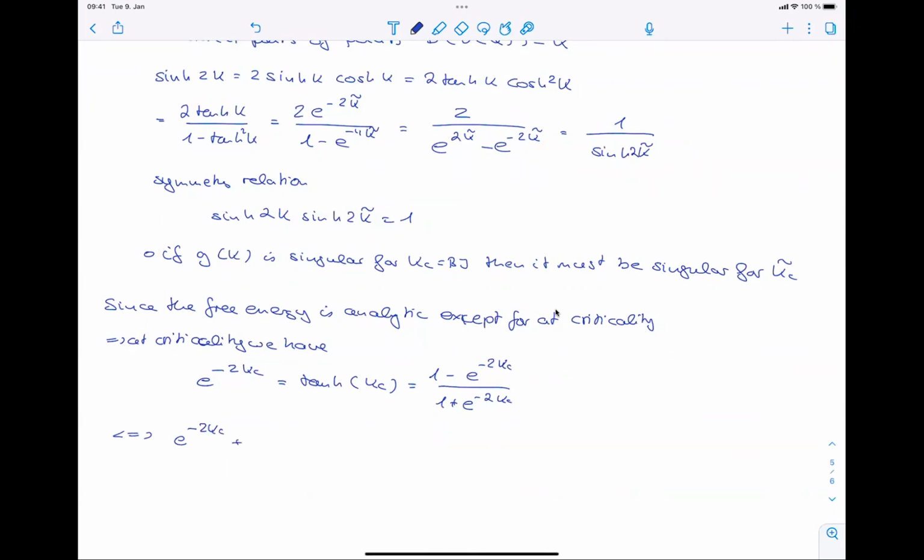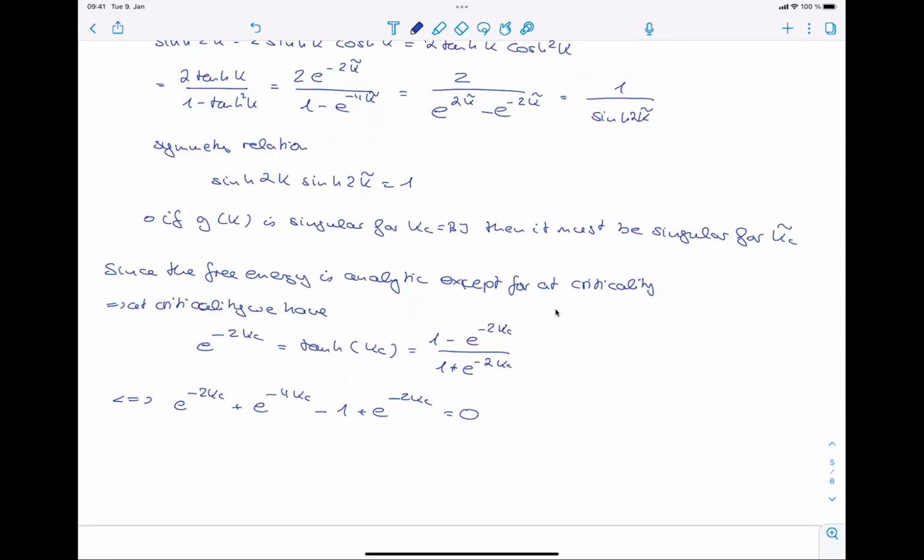I have a minus one. I don't know, I mistook my notes. Let's see how this works out.